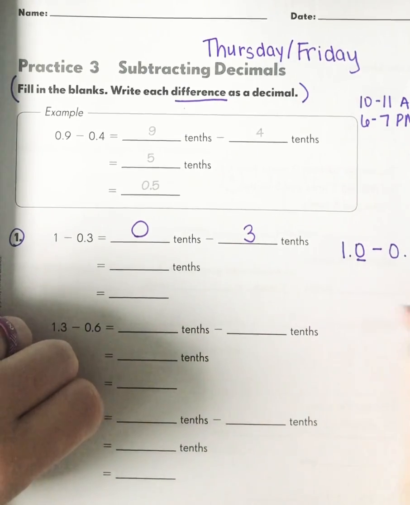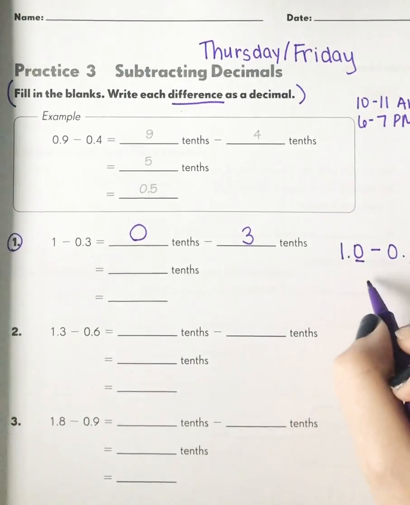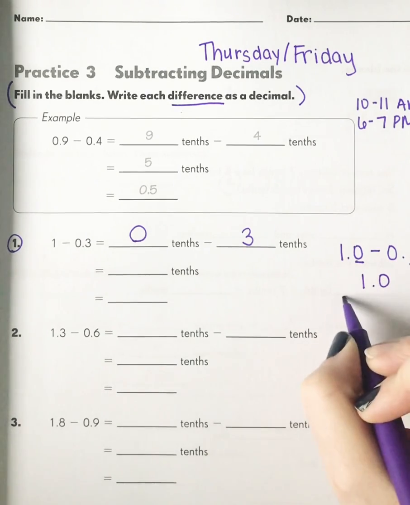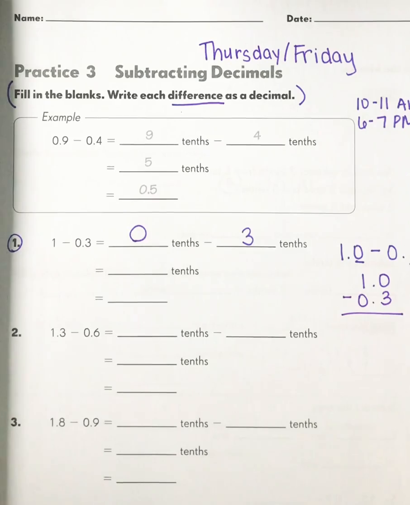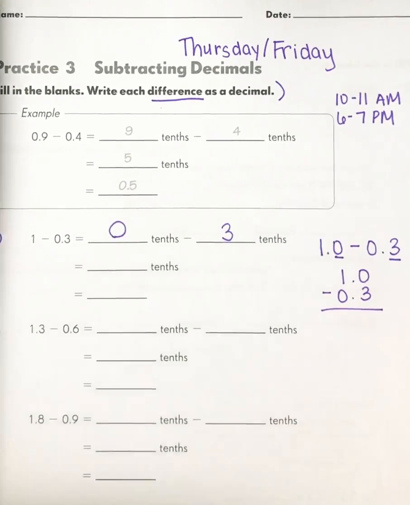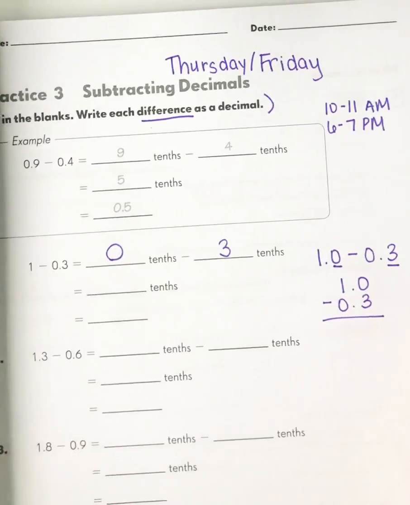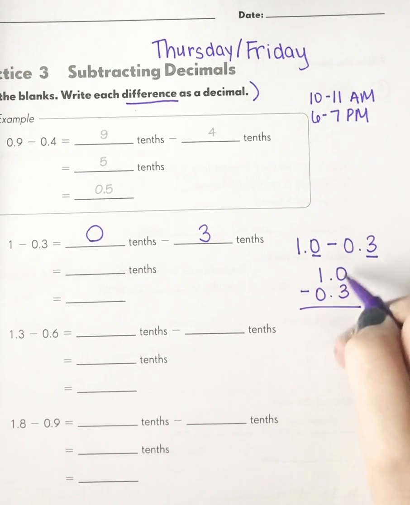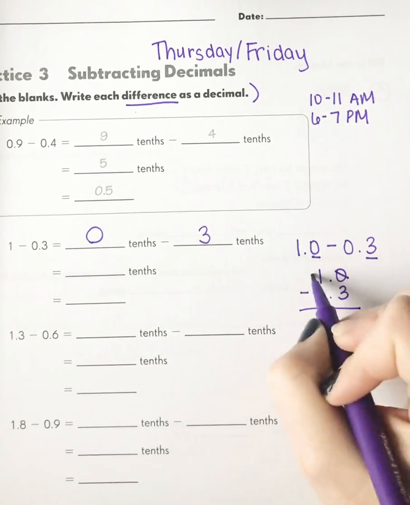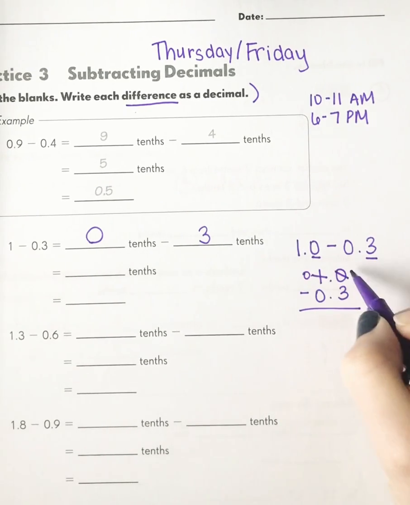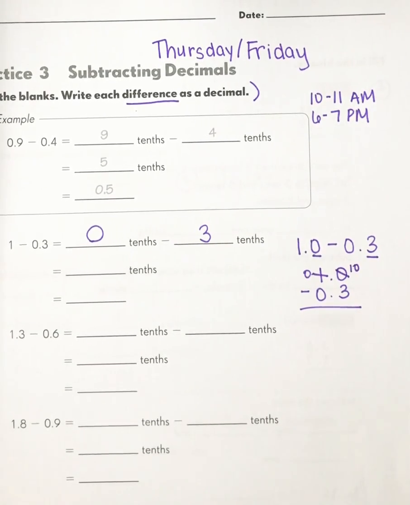Now, when I am looking at this, I can set this up just as I would a normal subtraction problem. This is almost like saying 10 minus 3, but I can't take away 3 from 0. I have to regroup. This is basically what happens.